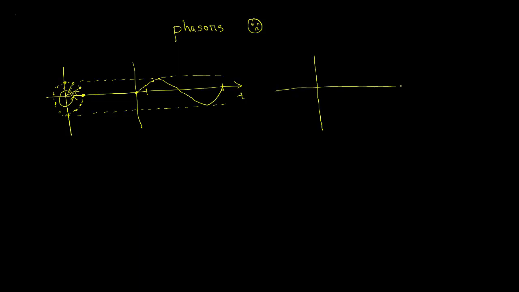Suppose now we start the stopwatch not at the 0 point, but for some reason we start the stopwatch when it's 120 degrees lagging from the x-axis. Now what happens?